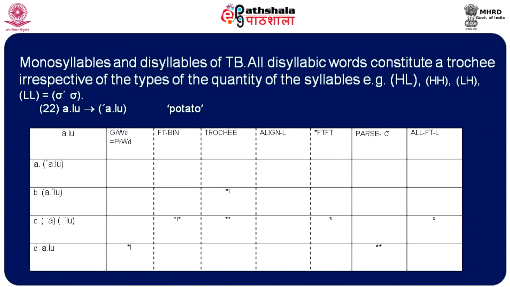Thus the derivation, the output of the form alu is shown on the screen. Only the pattern stress unstress in a disyllabic word is allowed. All other possible forms are rejected because they violate one or the other constraints crucially.